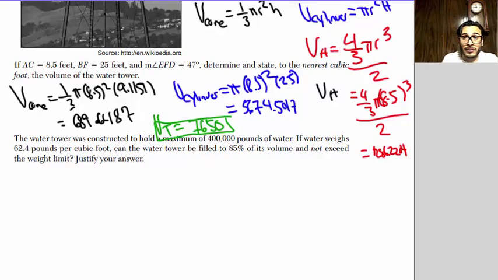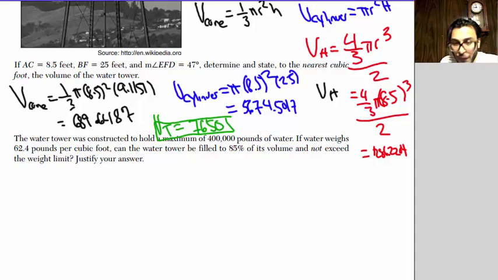All right, the next part, yes, there is another part. It says the water tower was constructed to hold a maximum of 400,000 pounds of water. If water weighs 62.4 pounds per cubic foot, can the tower be filled to 85% of its volume and not exceed the weight limit?